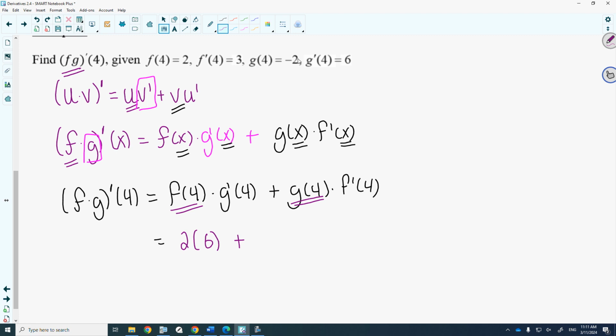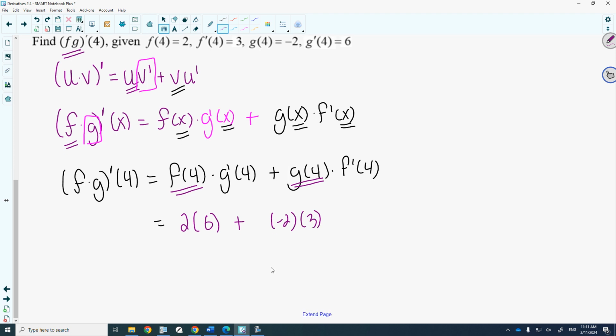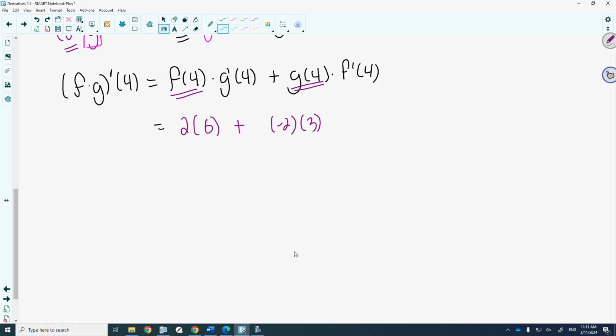So g of 4 is negative 2. And on your f function, what's the slope of the tangent when x is 4? F prime at 4 is 3. So this would be 12 plus negative 6, and we will get 6 as an answer.